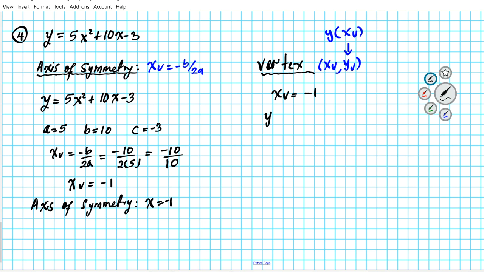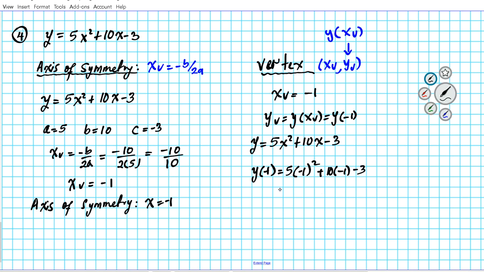To find the y-coordinate, we evaluate the function at -1. So let's rewrite the function, y equals 5x squared plus 10x minus 3, and plug in -1 for the x's in order to evaluate the function at the x-coordinate of the vertex.